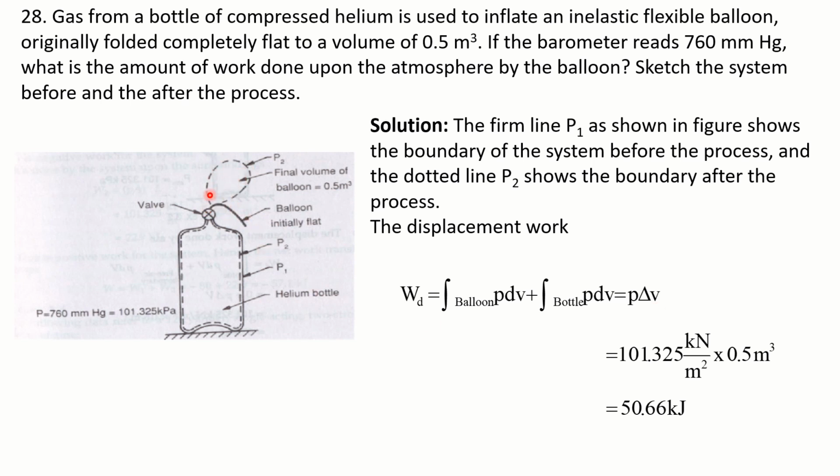Initially its volume was 0. Now the volume has become 0.5 meter cube. So pressure 760 millimeters of mercury is also equal to 101.325 kilopascals. This value multiplied by this value will give you the work done. So work done upon the atmosphere by the balloon.